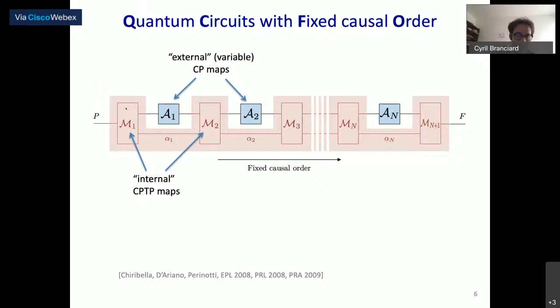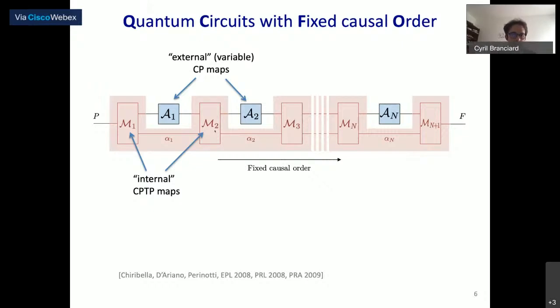And what the circuit does is it connects all those three operations, possibly using ancillary systems as quantum memories. So in this picture, we have those three operations, which can be any CP map, which I will call the external circuit operations.